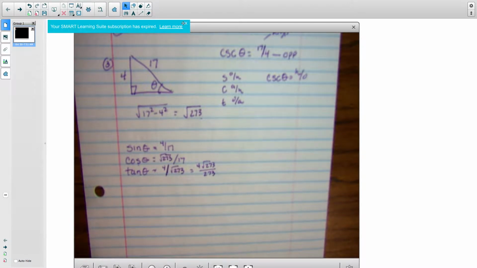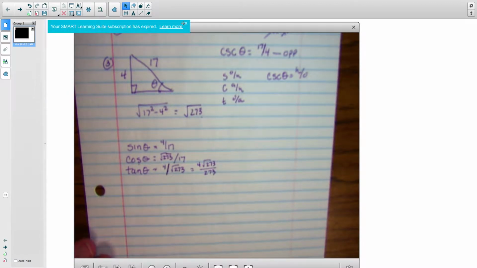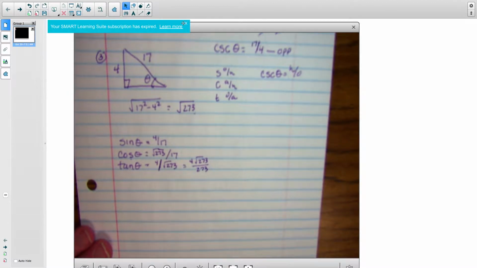So on a test or quiz, if you don't rationalize, I'm not going to take points off for it. And I'll get things adjusted. So like if there's a square root on the bottom, you can just leave it. Go to calculus, I let you leave a square root in the denominator. Go to college, we let you leave a square root in the denominator. It's not an Indiana standard anymore.